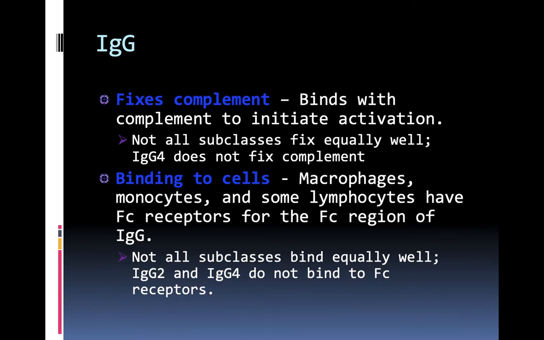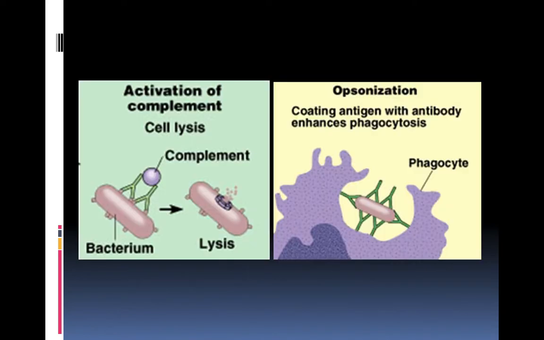Therefore, that binding can be possible not only with phagocytes but also with some other types of lymphocytes. As a reminder, not all subclasses of IgGs bind equally well to cells. IgG2 and IgG4 do not bind to Fc receptors that efficiently. Here is just a representation of the consequences of IgG binding to the antigen or to the foreign cell that is being targeted.